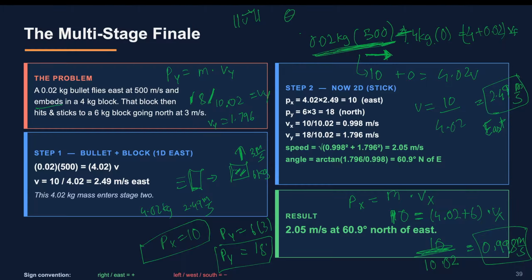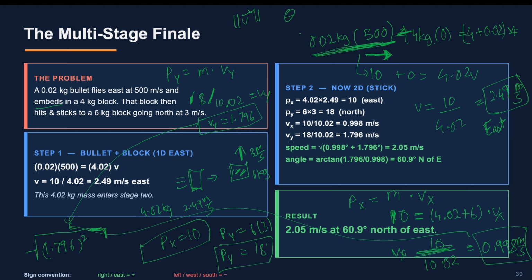And then if you want to find the total magnitude here, so if you know velocity y, let me just bring these here, if you know velocity x, right? So how are we going to find the total magnitude? We're just going to use the good old magnitude formula here. So the magnitude of the total velocity, or the final velocity itself, would just be the square root of the y velocity, which is 1.796 squared, right?